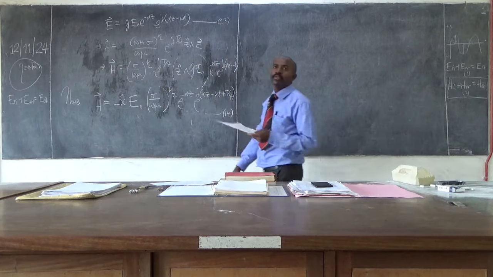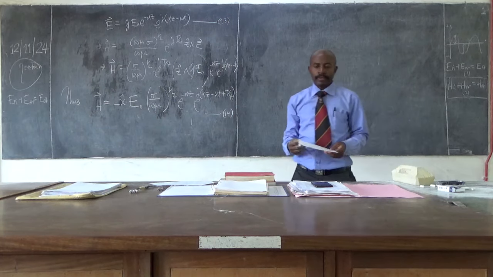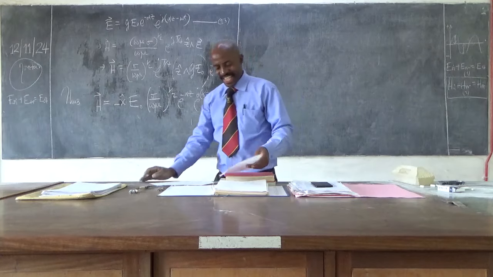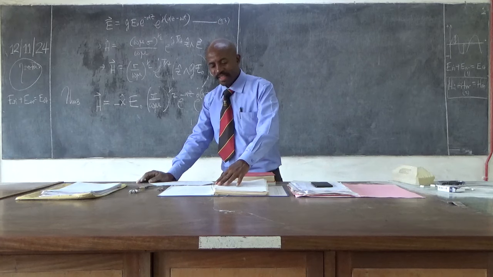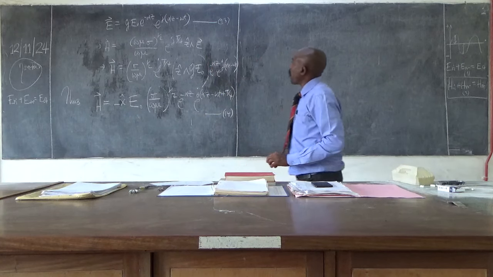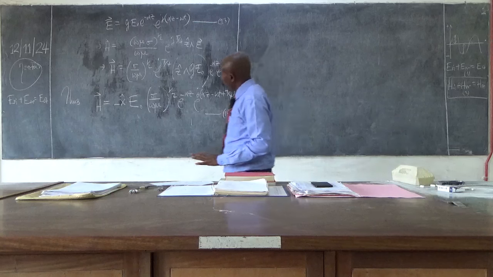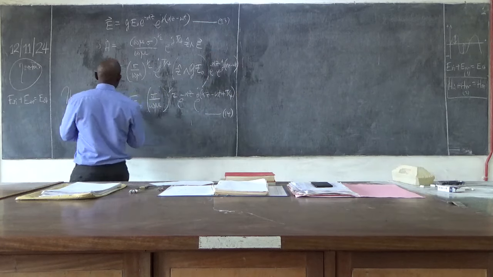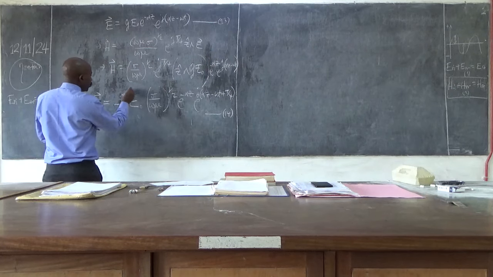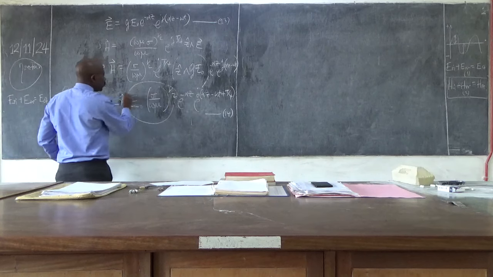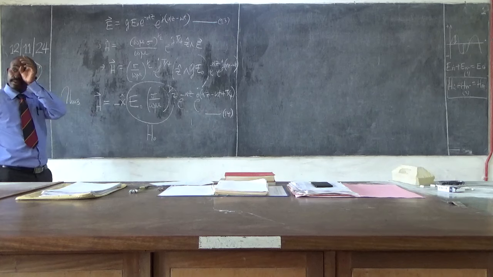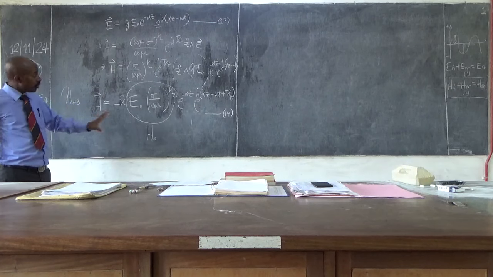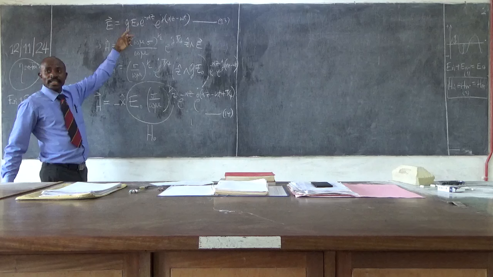Comparing these two equations, what do you realize? Try to be smart. This here, you could make this one to be H naught. So that section would look alike.